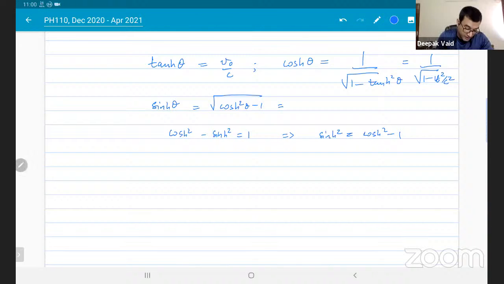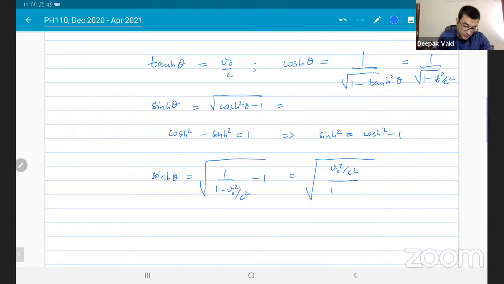So if I substitute this expression for cosh, what will I get? I'll get root of this thing squared, that is 1 over 1 minus V naught square by C square, minus 1, which will be root of V naught square by C square over 1 minus V naught square by C square.